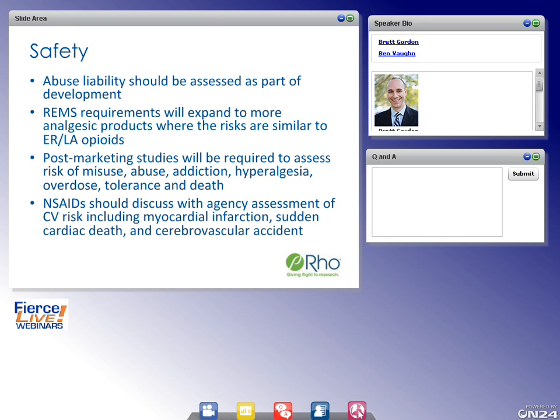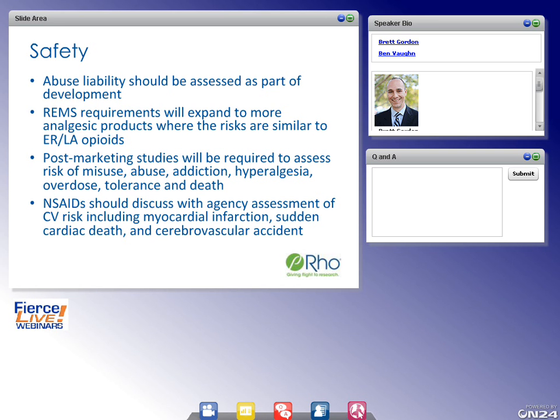They indicated rather strongly that they intend to require REMS for analgesic products where the risks are similar to the extended-release long-acting opioids. They did not get more specific, however. This is certainly something to keep an eye on, and the AdCom in 2 weeks is for an acute pain opioid product, so it's possible this may come up there.